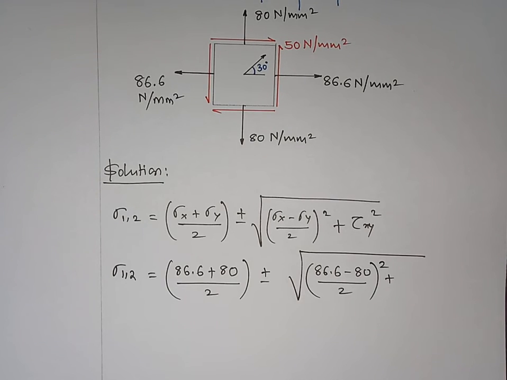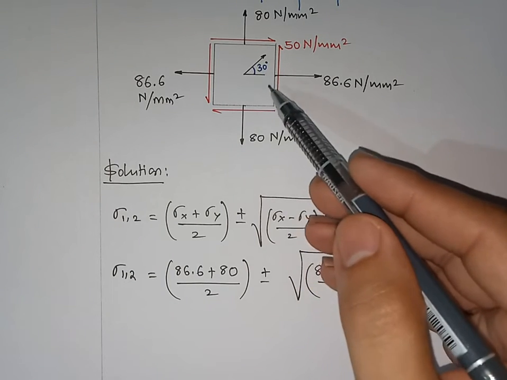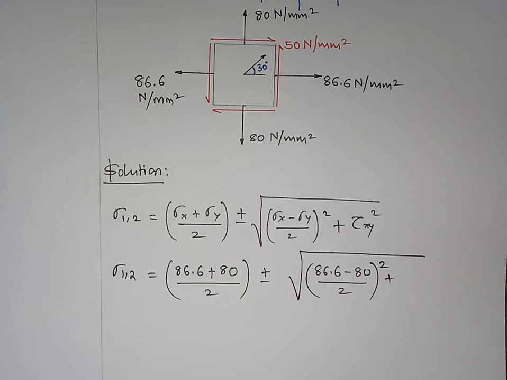In order to decide which is my reference plane, what I need to do? I need to draw an oblique plane such that this normal is making 30 degrees, right? So let me draw an oblique plane first.